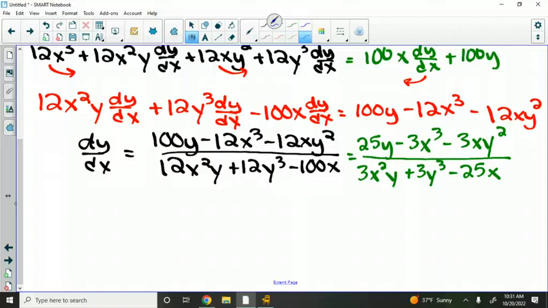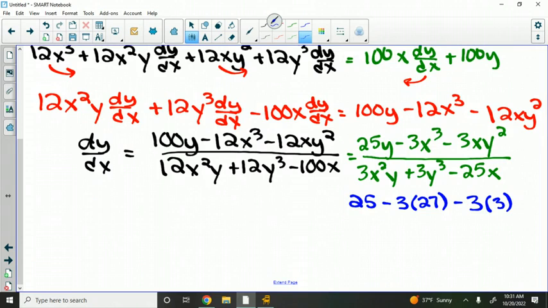And so I'll have 25 times 1 minus 3 times, what's 3 cubed? This was on our quiz yesterday. 27. Minus 3 times x, which is 3 times 1 squared.